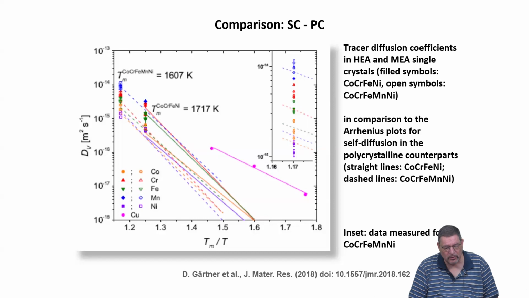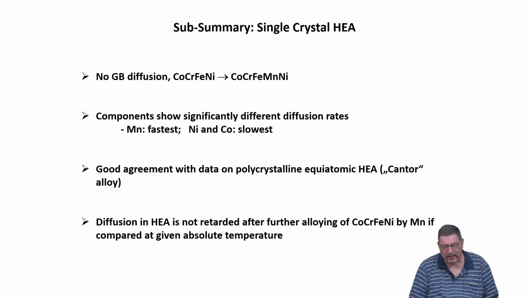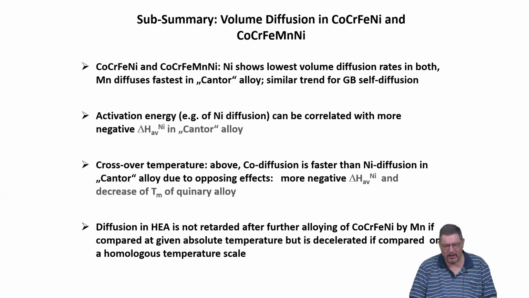It also shows the same results as obtained for the polycrystalline material. So I think this showed that the data were correct and nobody can argue against our conclusions, because even for single crystal data, this has been shown. So this is, I think, a summary of the volume diffusion in these two alloys.